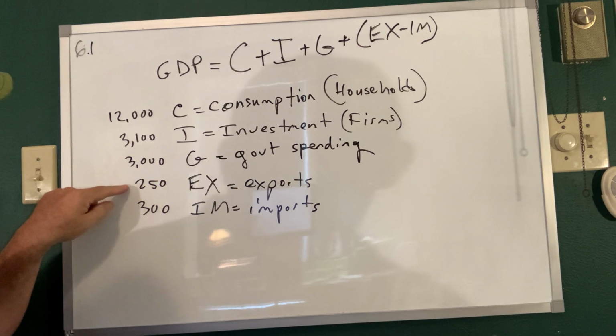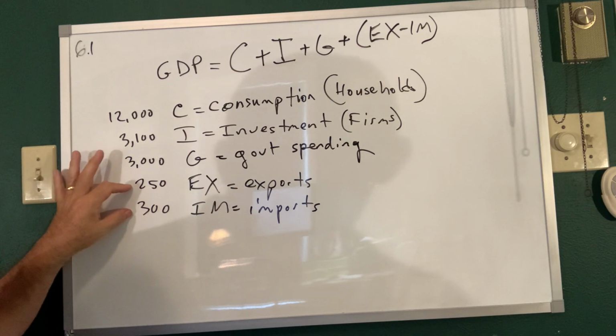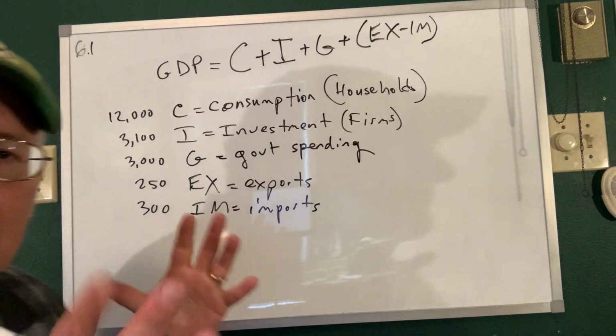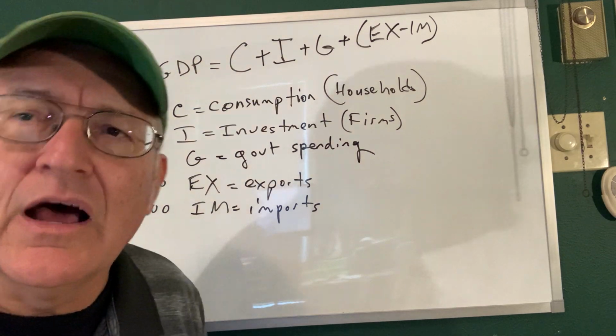Exports 250 minus 300 is negative 50, and then you add these together, and that would be the value of the gross domestic product. So it's really not that big a deal.